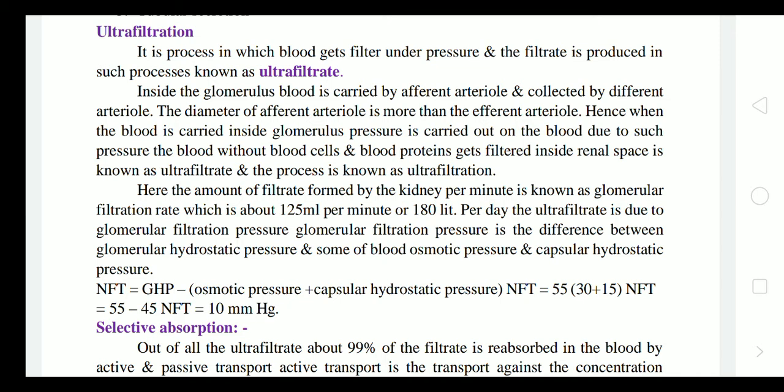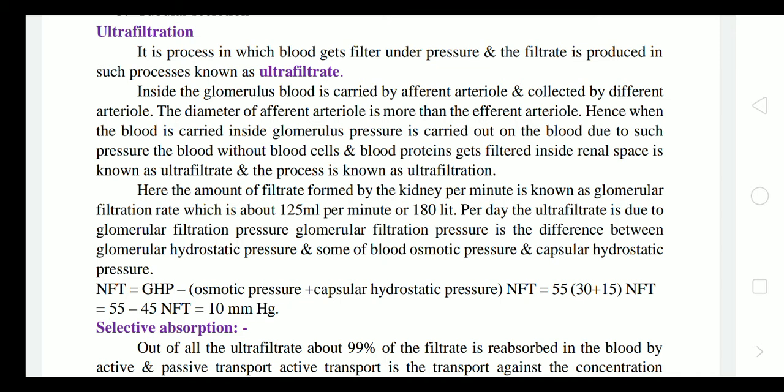The amount of filtrate formed by the kidney per minute is known as the glomerular filtration rate. That is about 125 ml per minute or 180 liters per day. The ultrafiltrate is formed due to glomerular filtration pressure, which is the difference between the glomerular hydrostatic pressure and the sum of blood osmotic pressure and capsular hydrostatic pressure.